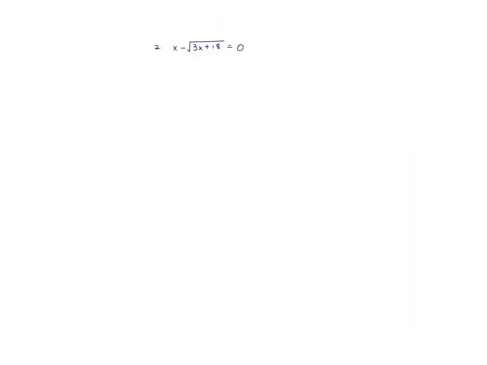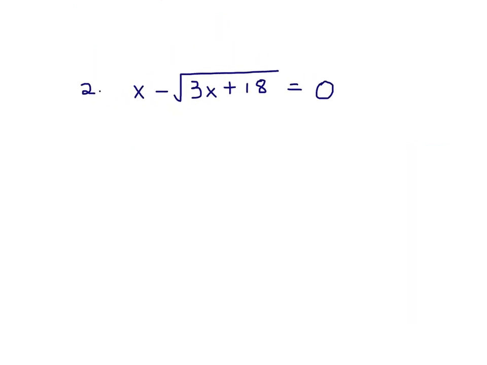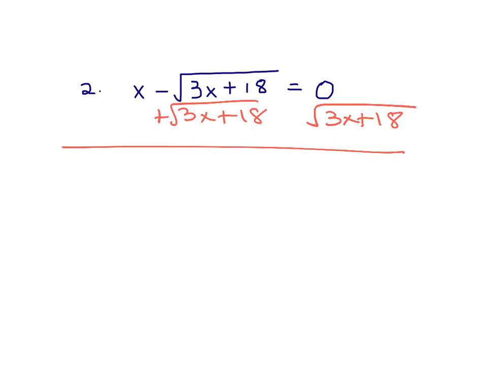Next example, again, step number 1, isolate the radical. So I need to add 3x plus 18. X is over here by itself, 3x plus 18. Step number 2, raise both sides to the power that's equivalent to the index. The index is a square root, it's a 2, so I'm going to square both sides.